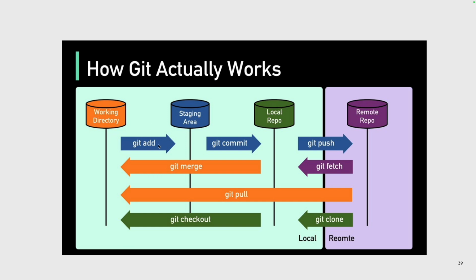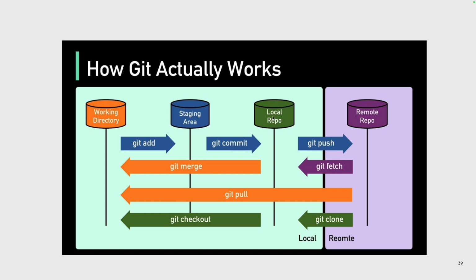The staging area is the intermediate area between your working directory and your local repo. It means you are saying you are ready to push this particular code, and once the code reaches the staging area, after you do a commit, it will merge into the local repository.